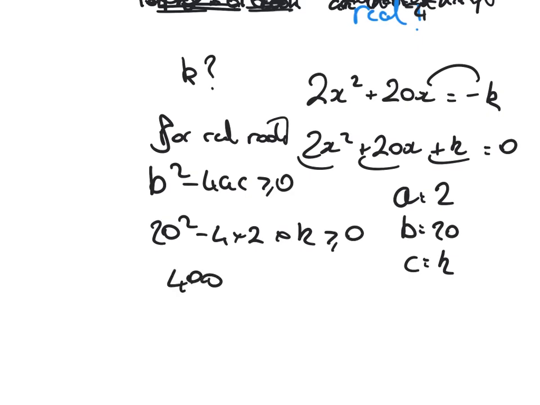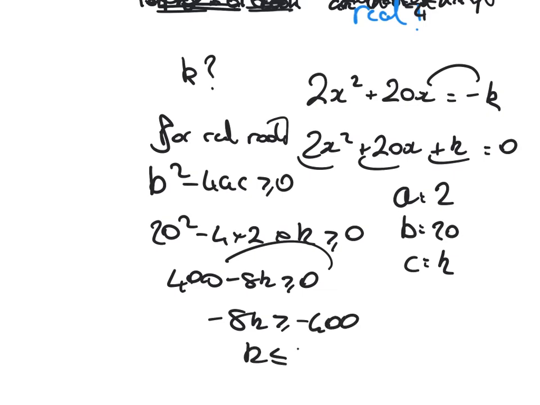So that's 400 minus 8k is greater than or equal to 0. Minus 8k is greater than or equal to minus 400. I need to flip the inequality around because I'm about to divide by a negative number. And the negatives cancel out. 400 over 8 is 50, so k is less than or equal to 50.